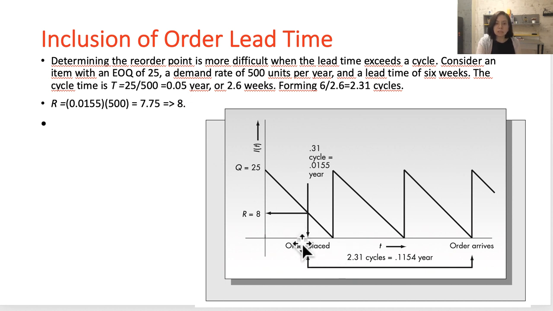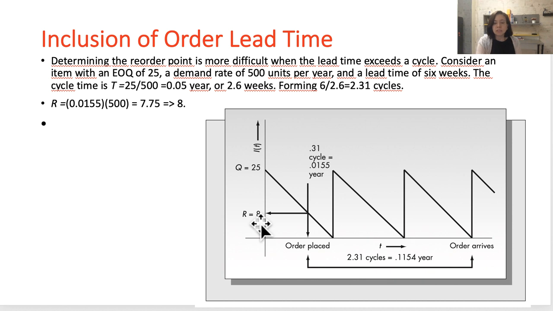Here, to find this length, we multiply 0.31 with 0.05, and here we calculate the length of this duration in years, because the demand rate is given in years. It is 500, and we multiply this length with the demand and obtain approximately 8, and we see that our reorder point is 8.